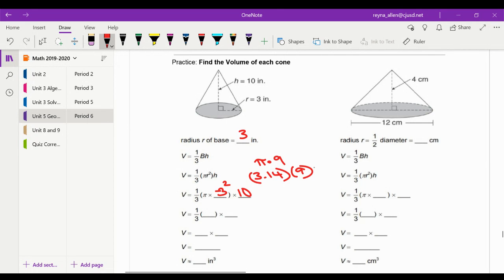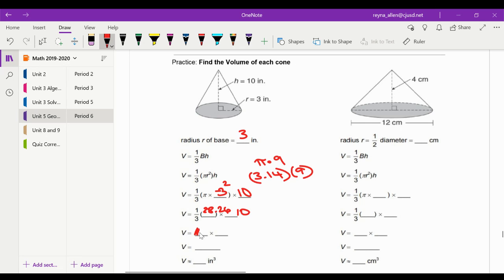I'm going to use my calculator. 3.14 times 9 is 28.26. We are still multiplying by 10. And then this 1/3, I'm going to change into divide by 3.